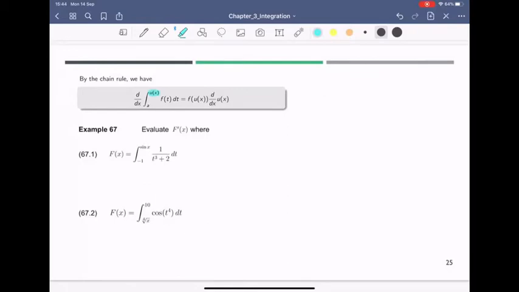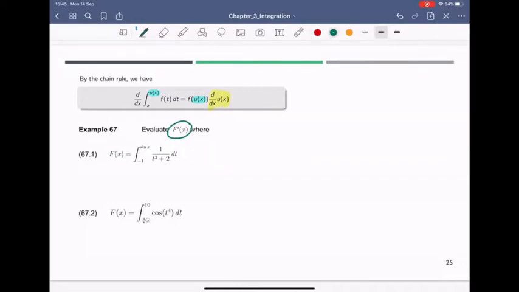Well, the same thing, you can replace it with u(x) here, but by the chain rule, you have to differentiate u and attach it. So I'm going to show you an example. For example, I have f(x) equal to the integral from -1 to sin x of 1 over t cubed plus 2 dt. I want you to find f prime of x.